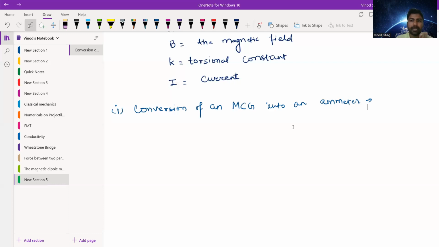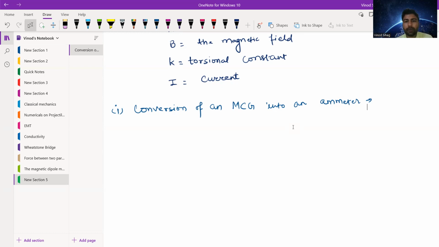After the conversion, the ammeter should be connected in series with the electrical circuit, because it is going to measure the current, and an ammeter is always connected in series.